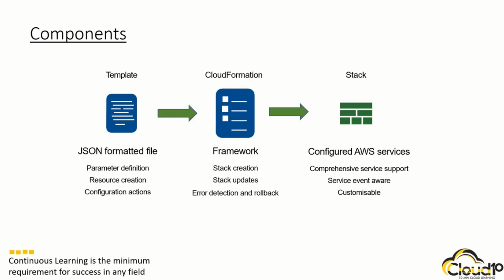So let's understand the different components of CloudFormation. First is a template. A template is a declaration of the AWS resources that make up a stack. This template will have the details around what AWS resources you need.